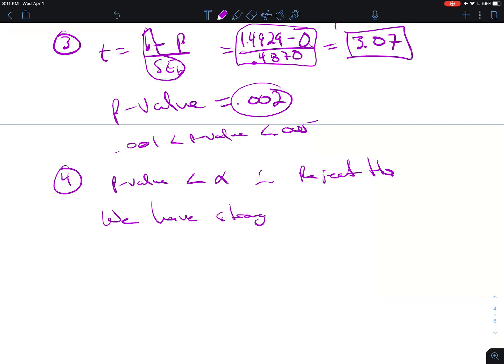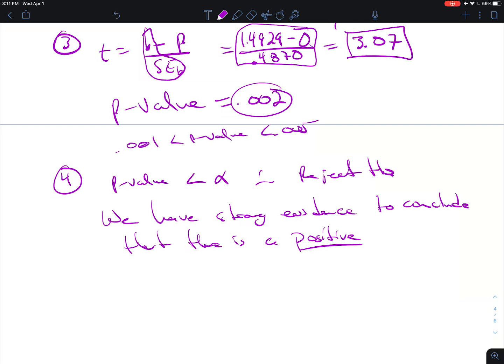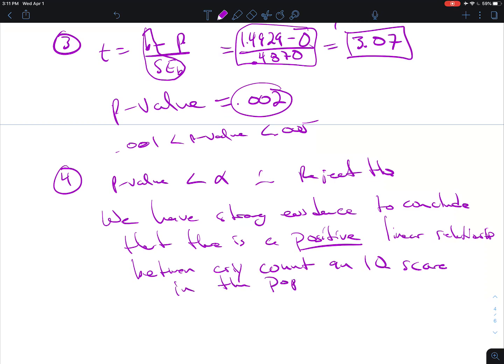We have strong evidence to conclude that there is a positive linear relationship between cry count and IQ score in the population.